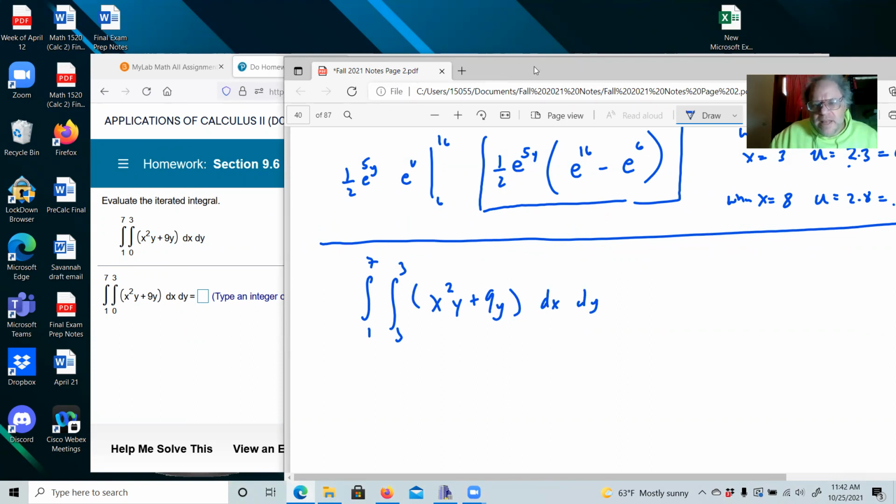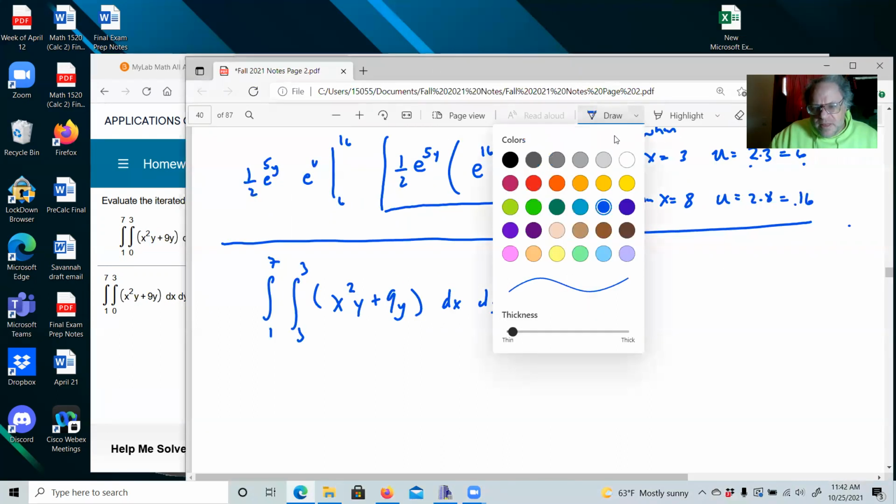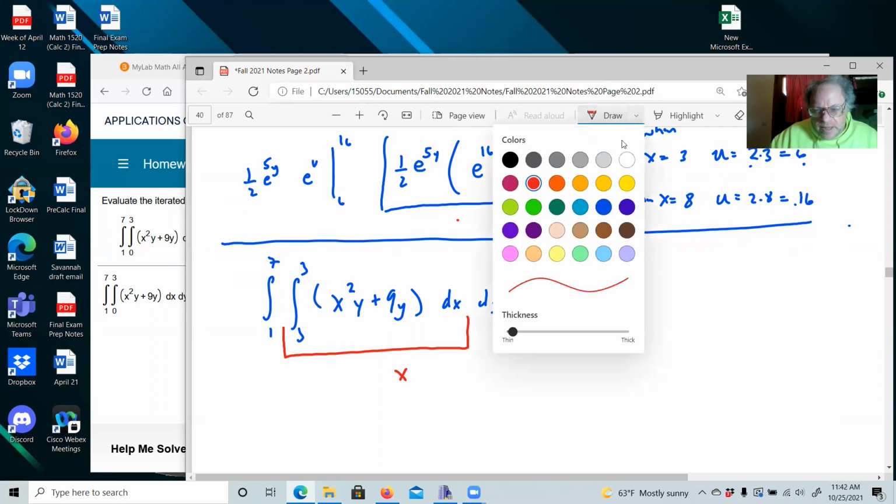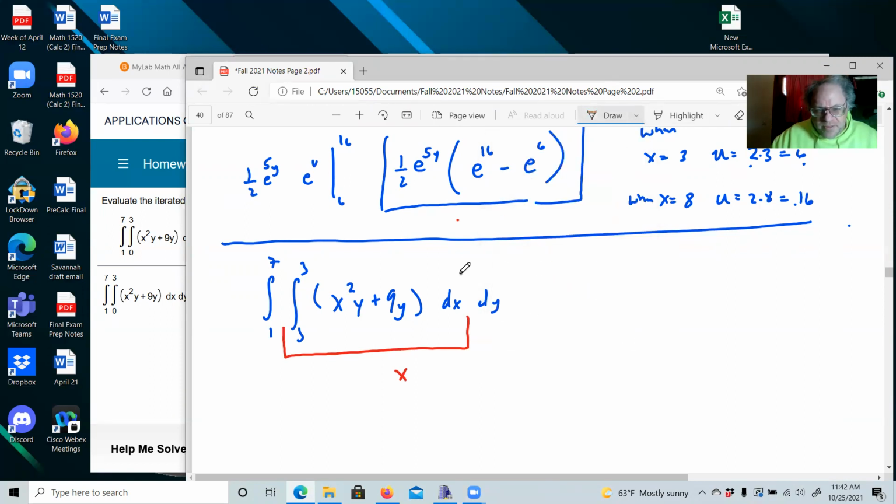Okay. Now, this is called an iterated integral. The way we read this, the way we interpret this, is that this business here is for the x variable, and this business out here is for the y variable. So if we're going to swap the dx and the dy, we have to swap these two.